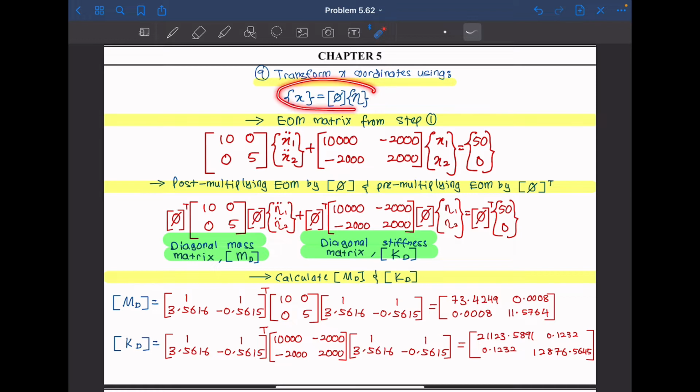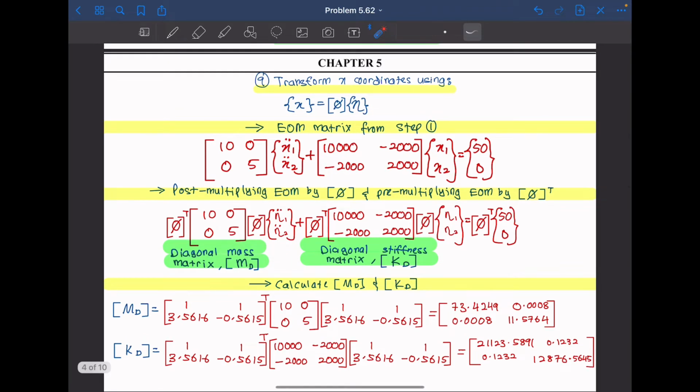So transform x coordinate using this, where x equals the modal matrix times eta. We want to change to eta now in order for us to decouple the 2 degree of freedom system into two single degree of freedom systems. We have to change x coordinates into eta coordinates. So x coordinates equals the modal matrix times the eta coordinates.